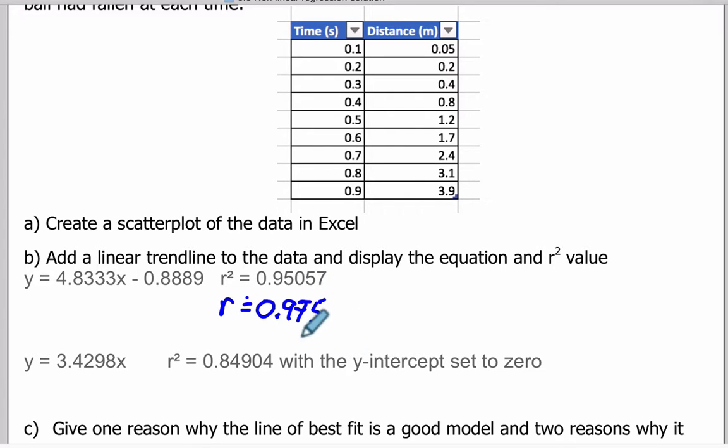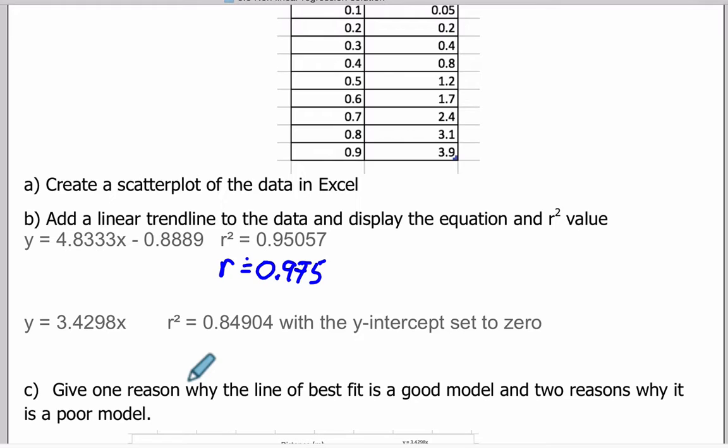So that looks like a pretty good correlation coefficient, but remember that the problem was that at time 0, we expect that the object has not fallen at all. So in this situation, we wanted to set the y-intercept to 0 because at time 0, when the object is released, the distance should be 0.